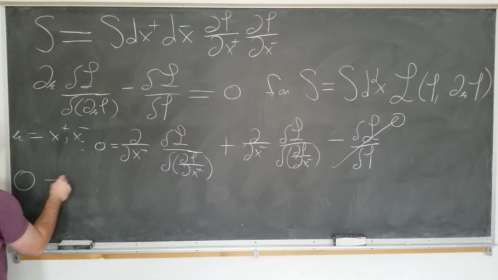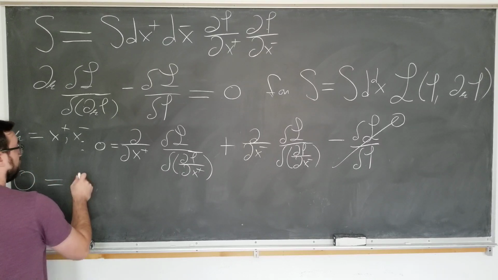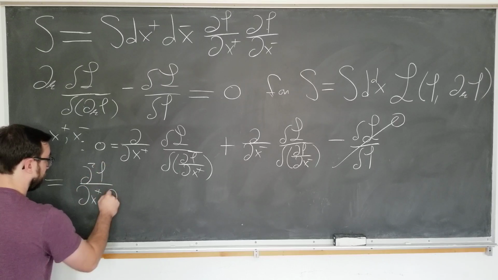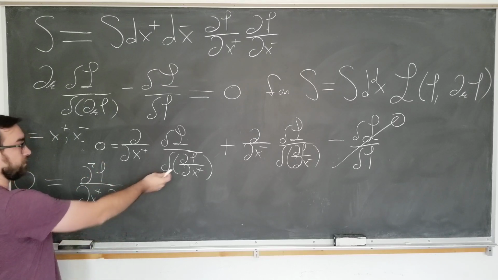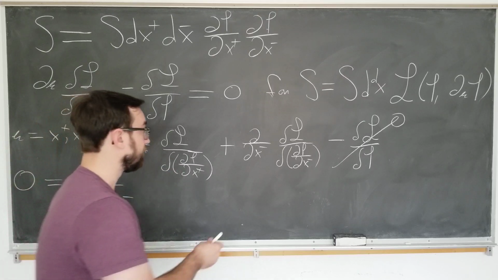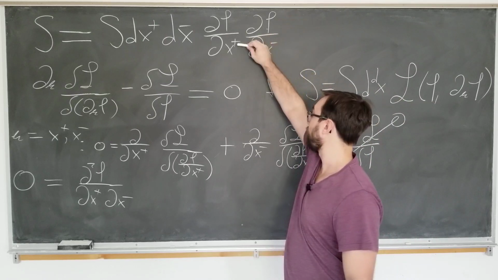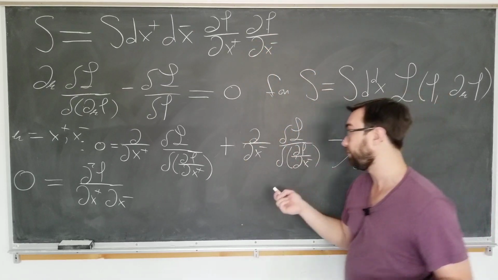So then we have 0 is equal to d squared phi by dx plus dx minus here. Since we just talked, it's going to be a second order derivative. Same situation here. If we do the x minus derivative, this goes away and we have a plus. So we have the same thing again, basically.